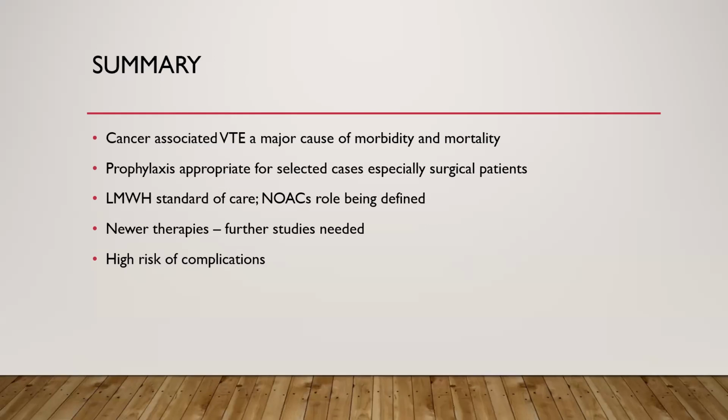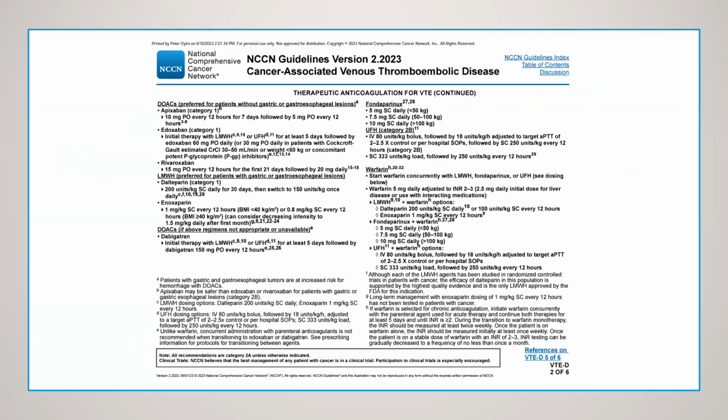So in summary, cancer-associated VTE is a major cause of morbidity and mortality. Prophylaxis is appropriate for selected cases, especially surgical patients. Low molecular weight heparin is the standard of care. The role of NOACs or DOACs is being defined. Newer therapies need further study.